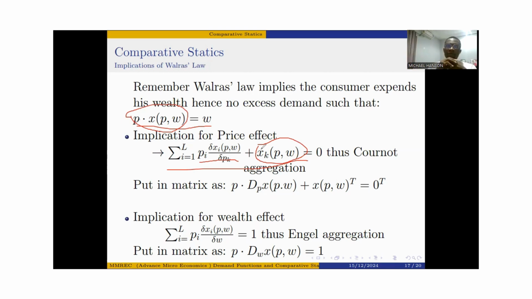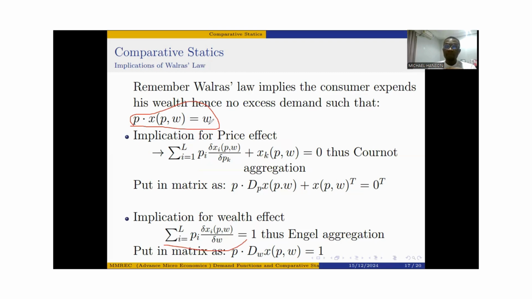And the last part of the implication is the wealth effect on the Walrasian law. Again, we are going to differentiate this function with respect to wealth, so you hold P constant and differentiate this with respect to wealth. That is what we have here.